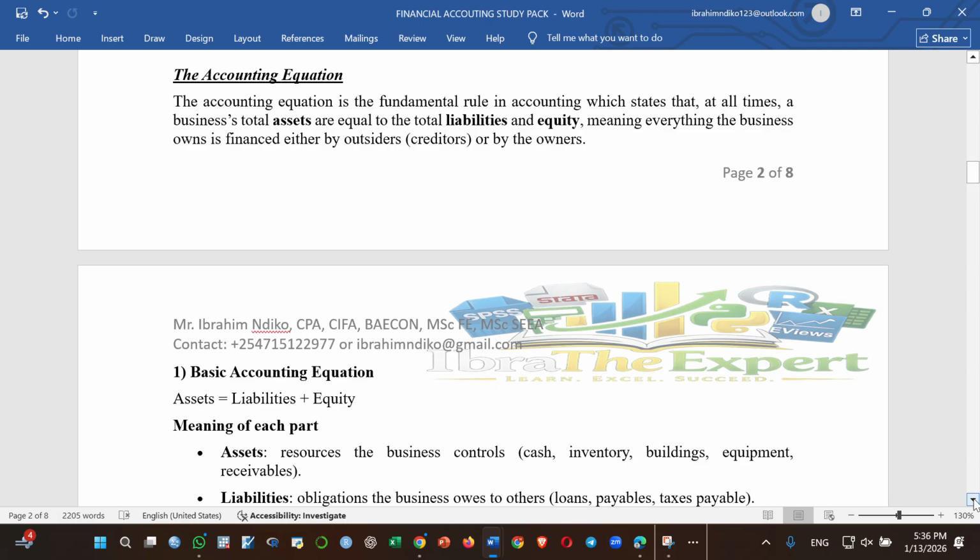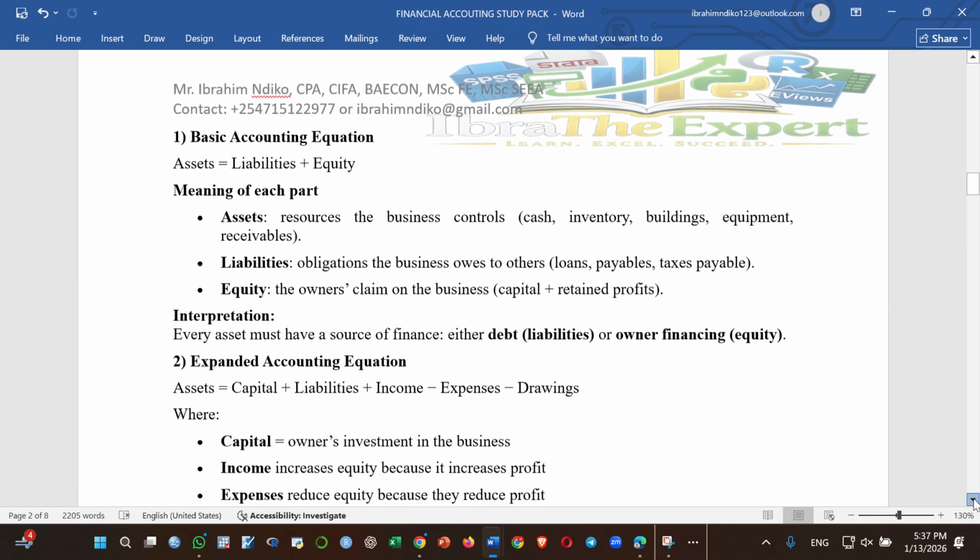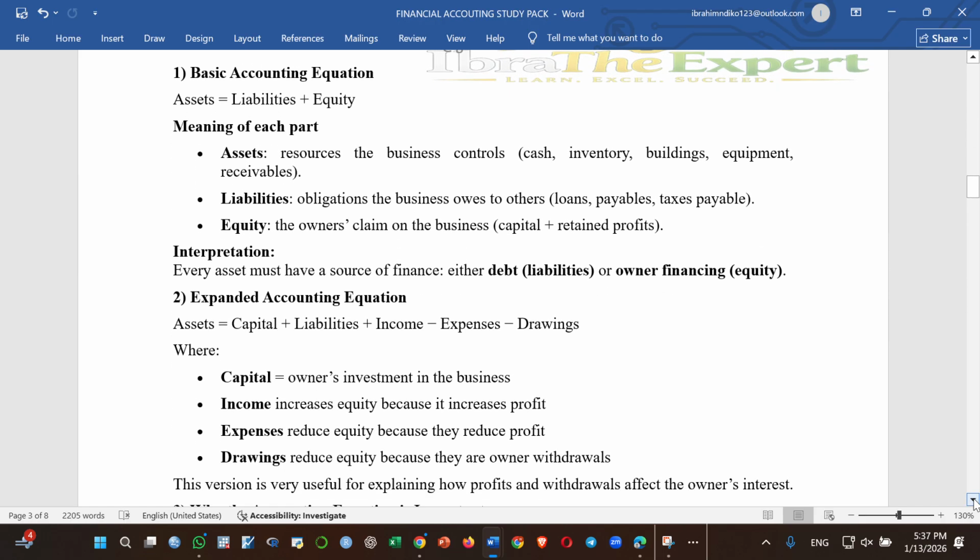So, an accounting equation is a fundamental rule in accounting which states that all assets must be equal to equity and liabilities. And we have the equation there, you can see. Basic accounting equation, that is the basic one.